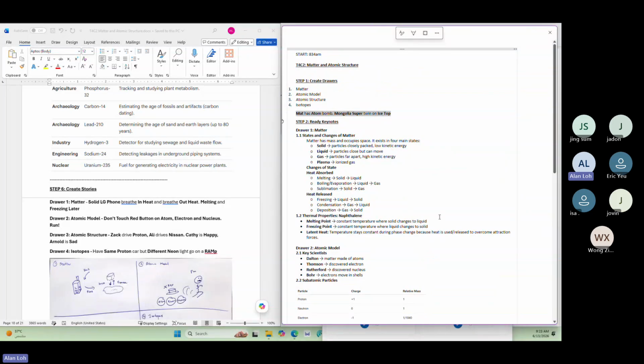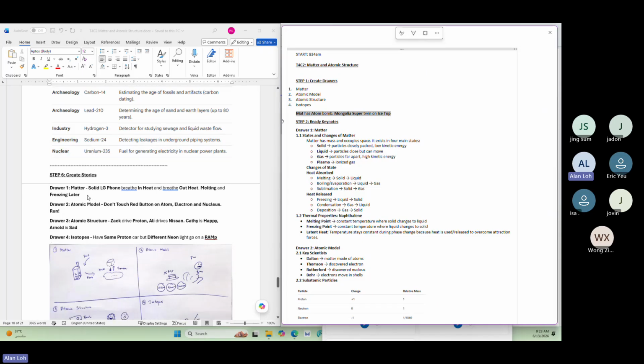Matt has an atomic bomb, and then there is Mongolia super twin on isotope. So Matt is matter, atomic is atom, Mongolia is model, super is structure, isotope is isotope. Sounds like isotope, right?